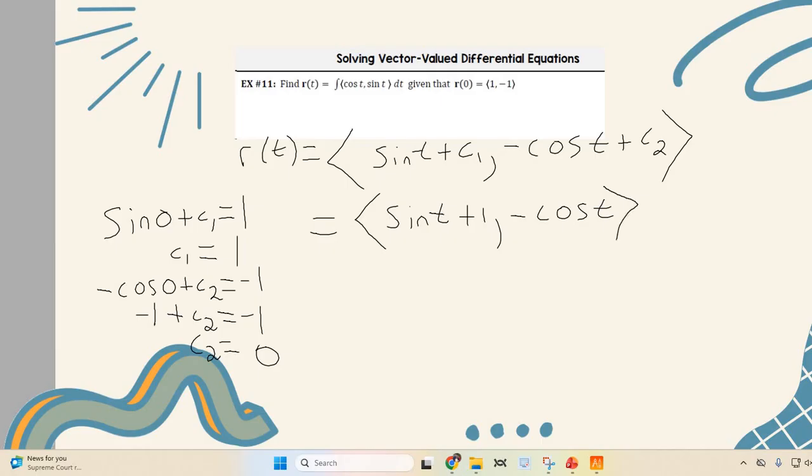So we get that, and the final answer. So again, very similar to how we've always solved for our constants, just now you have to do it twice.